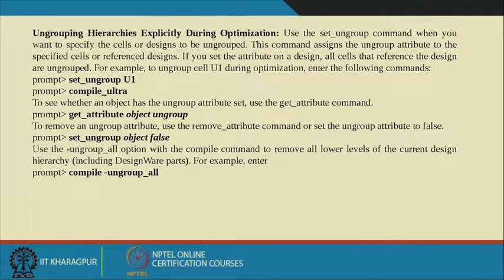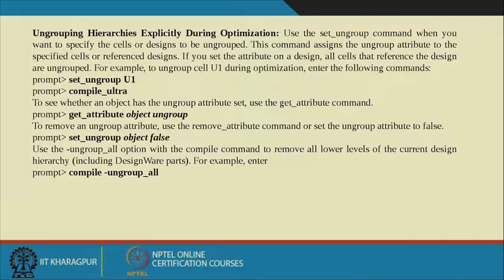So whenever we are doing this, as I said, we can remove the levels in the hierarchy by ungrouping. Specifically, you can do that by putting this command, set ungroup U1. It will ungroup cell U1 during optimization.